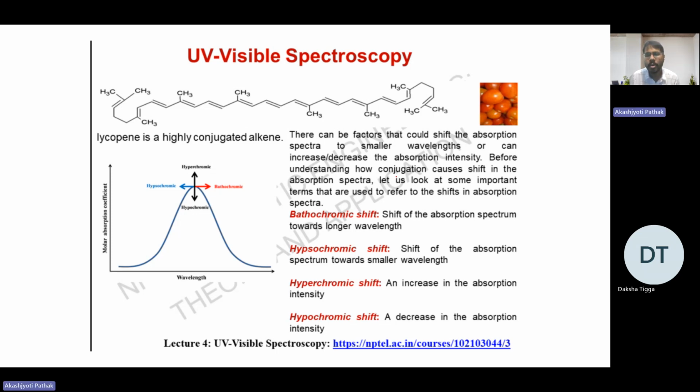Before understanding how conjugation causes shift in the absorption spectra, let us look at some important terms used to refer to the shifts in absorption spectra. A molecule can show changes in the absorption spectra.